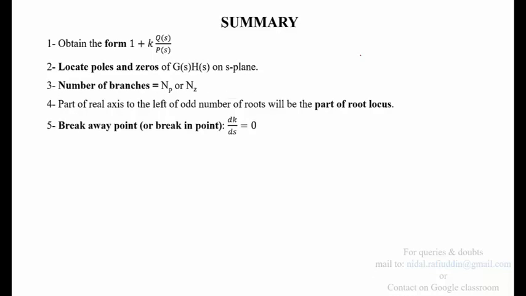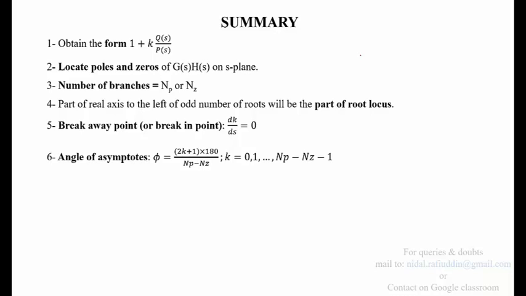The fifth rule talked about the breakaway point or the break-in point, which was given by the differential of k with respect to s equated to 0, and thus from this we can obtain the values of s for which the poles will be clashing and moving in the opposite directions, or the zeros will be clashing.